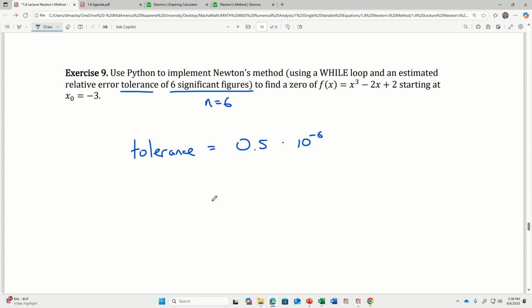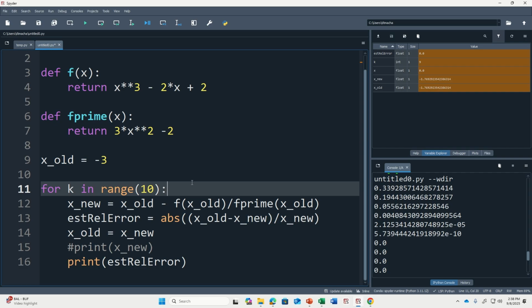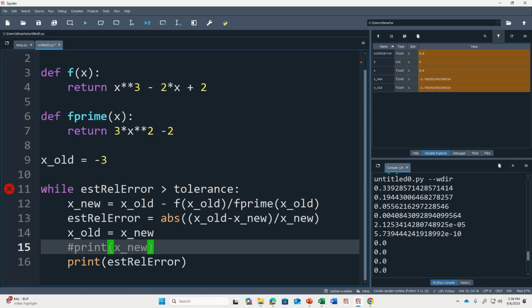So let's talk about how to implement this. Go back to my Newton's method code. And then I'm going to say not for, but while estimated relative error is greater than my tolerance, do this.